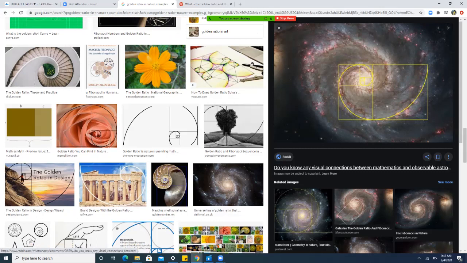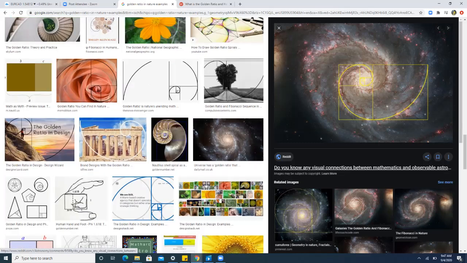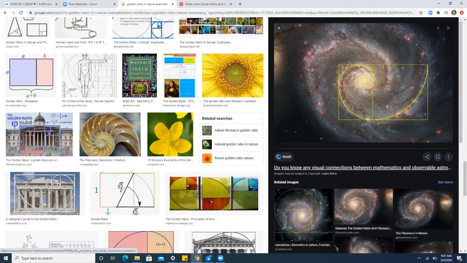So of all these things in nature, whether it's built things, inanimate things like shells, waves, hurricanes, if all these things line up, then you should be able to apply this to a chart. I'm not like a spiritualist, but this is something that's just real.